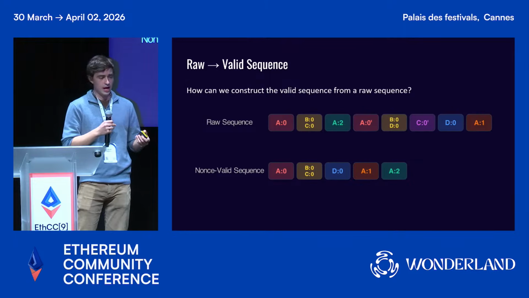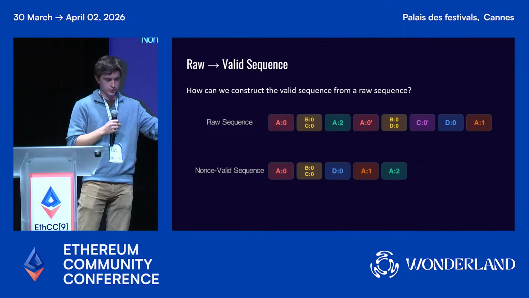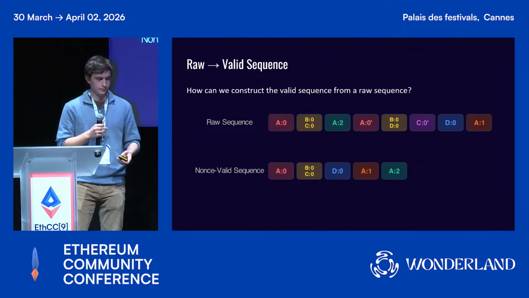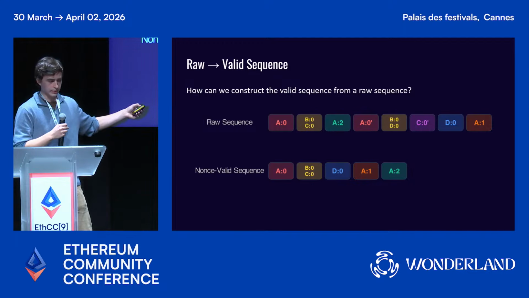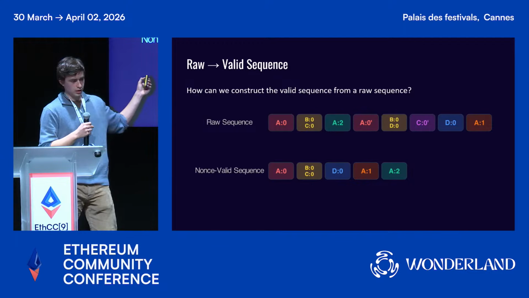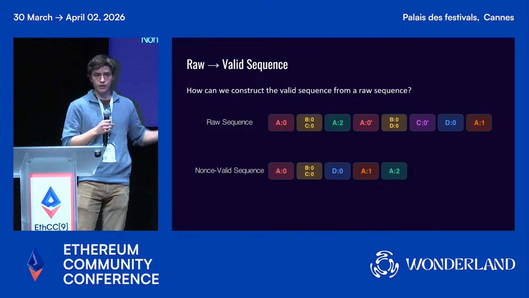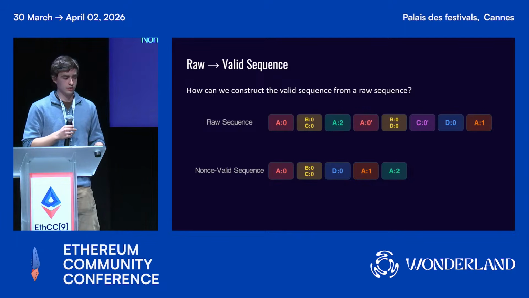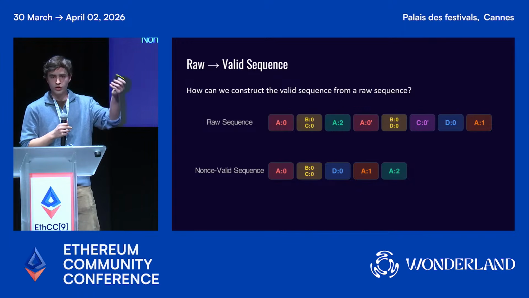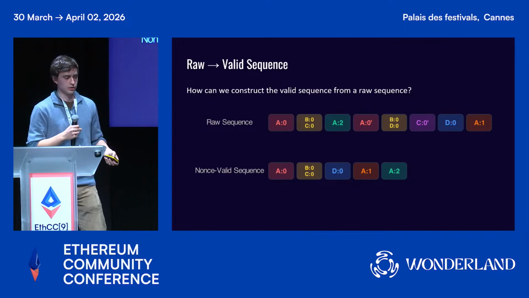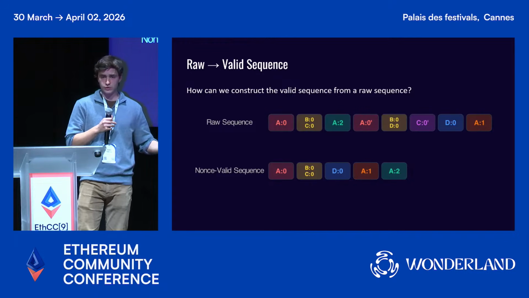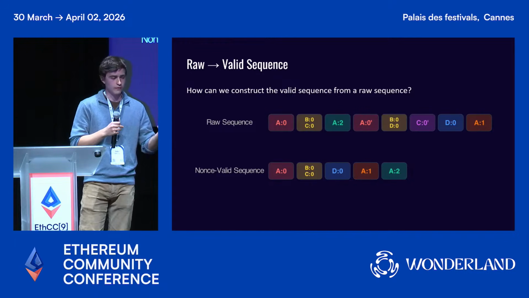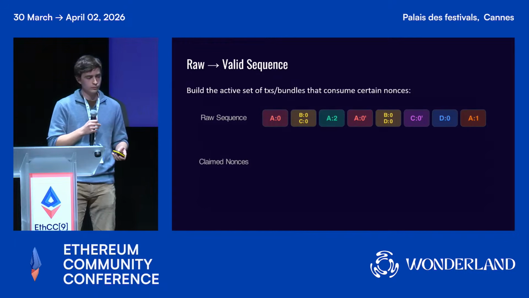So how do we go from this rule sequence that I was talking about to this nonce-valid one? The goal is to do something a little bit like this, where we have the rule sequence where we might have a bunch of transactions or bundles that are trying to use up the same nonces, but for every nonce, only one transaction can use it. And so that's why the nonce-valid sequence is typically a subset of the rule sequence.